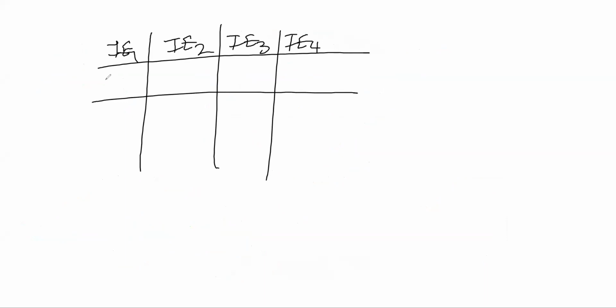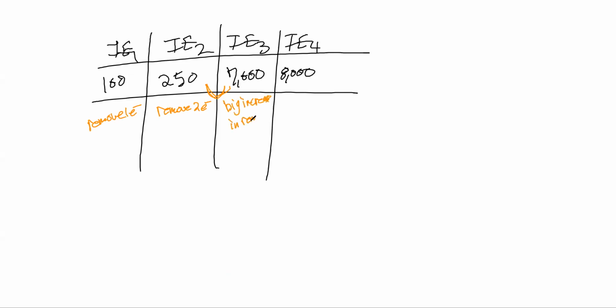Let's say that this ionization energy was 100, 250, 7,000, 8,000. We can see that that jump happened between 2 and 3. This is where it really increased. So that meant that we could remove 1 electron, no problem. We could remove 2 electrons, not a problem. But when we remove 3 electrons, then we have a problem.